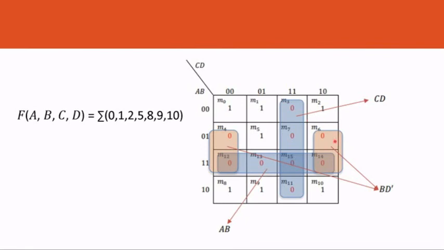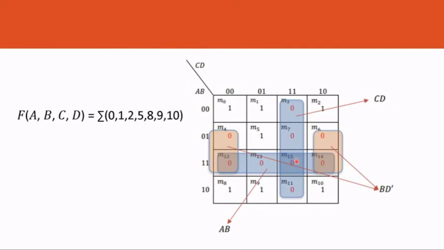So take a look at this example. Let's say we group M3, M7, M15, and M11. So we have here zeros. If we are going to group this, let's look at the value of A. The value of A for minterm 3 is 0, but if we look at the value of A for minterm 15, that is equal to 1.